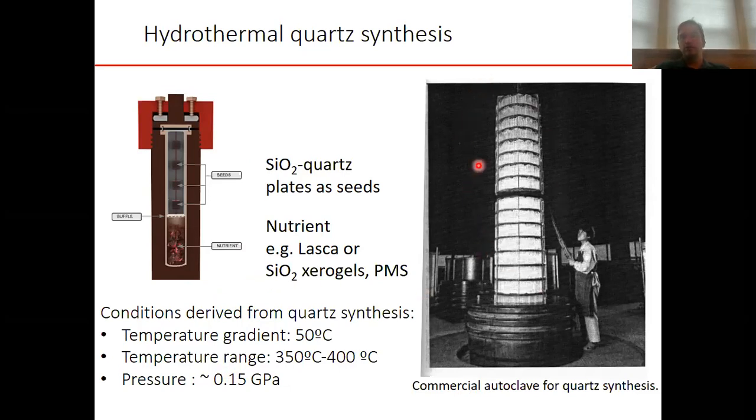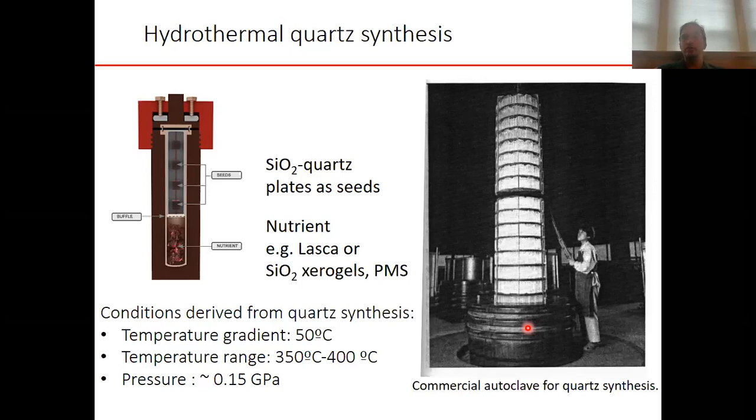You see here a picture in which you have your grown seed crystals, many of them inside of the autoclave, which is actually mounted in the ground. Typically you mount these huge autoclaves in the ground because it's the safest way to mount them.